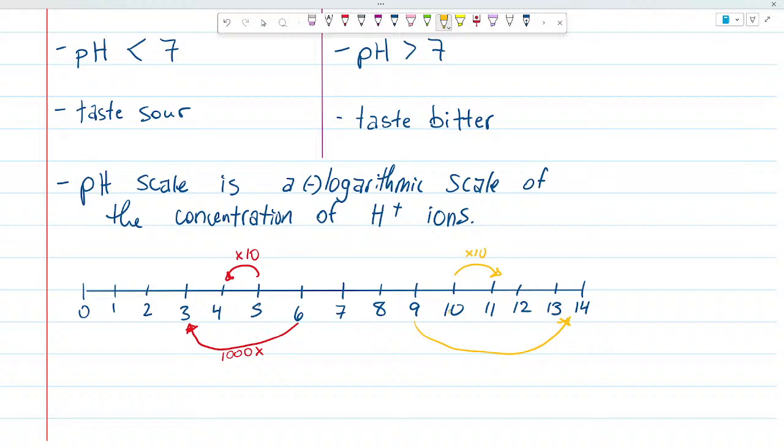Which means a pH of 14 is how much stronger than a pH of 9? 9 to 10 would be how much stronger? 10 times. 9 to 11 would now be 100. 9 to 12 would be 1,000. 9 to 14 would be 100,000 times as strong. So the pH scale, this is why when we work with acids that are pH 3, I don't make you wear goggles.